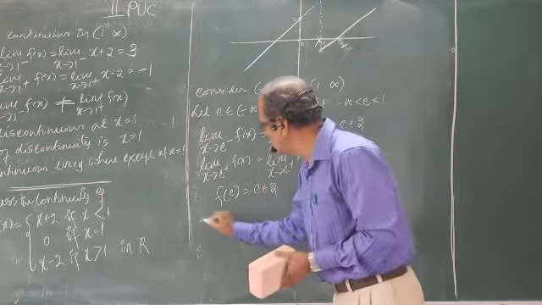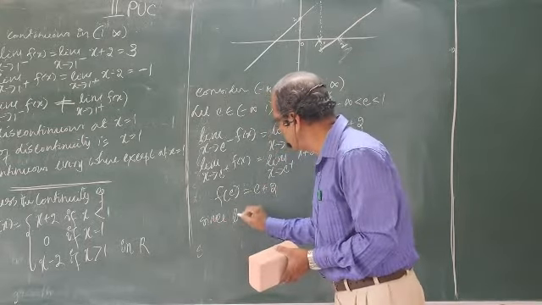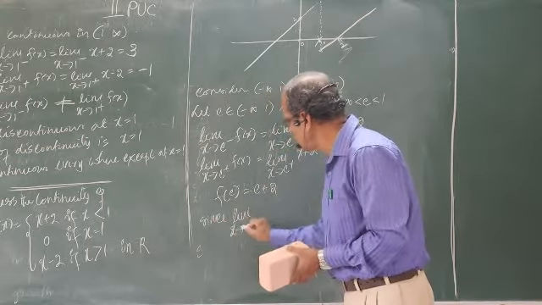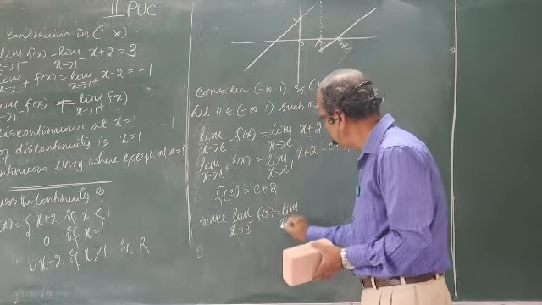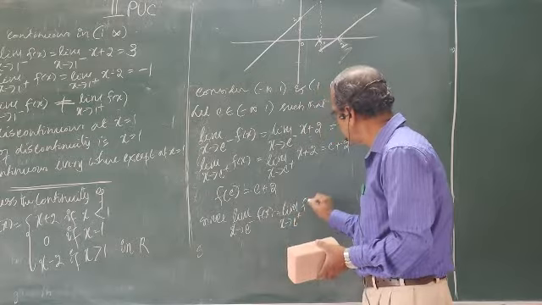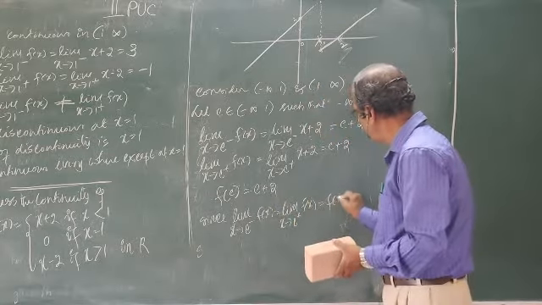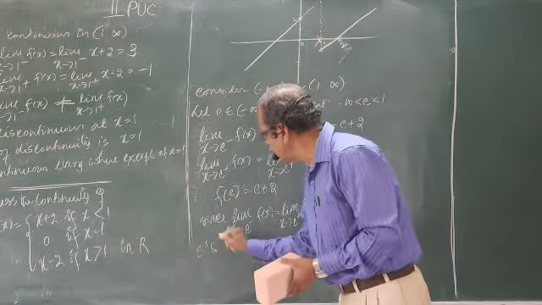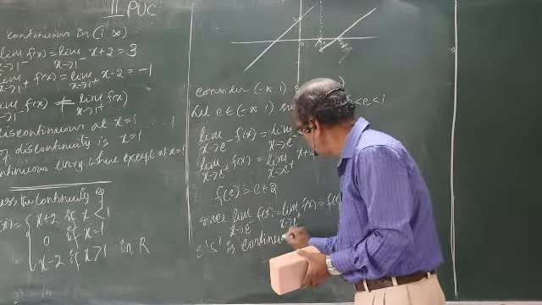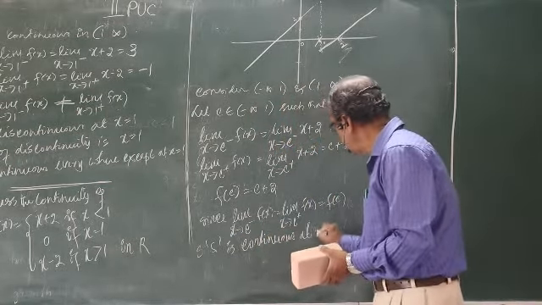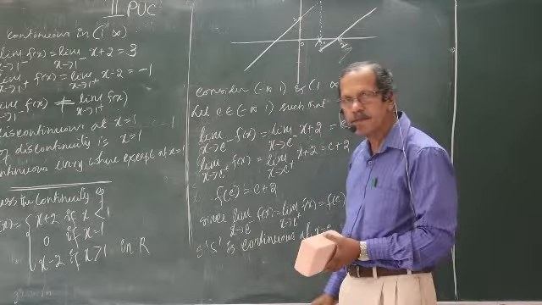All are equal, since limit x tending to C minus f of x, limit x tending to C plus f of x, and f of C are equal, f is continuous at x equal to C.